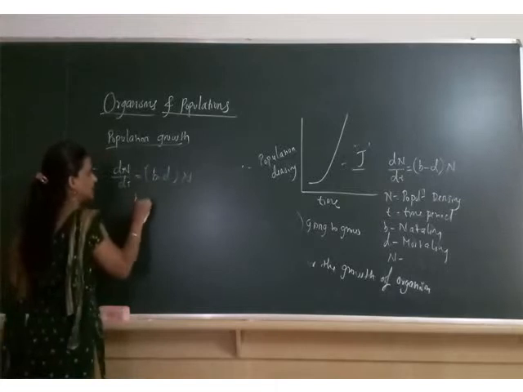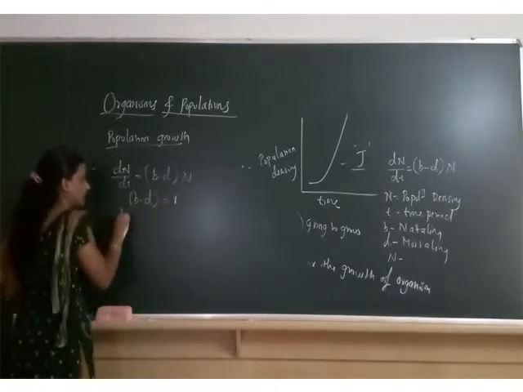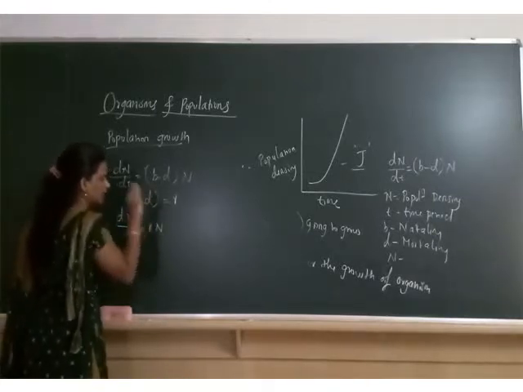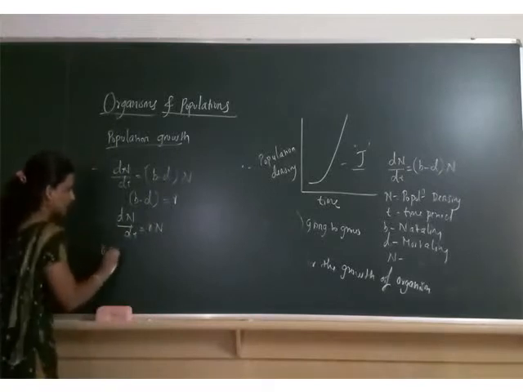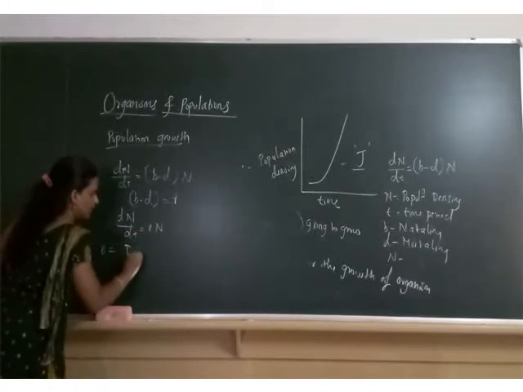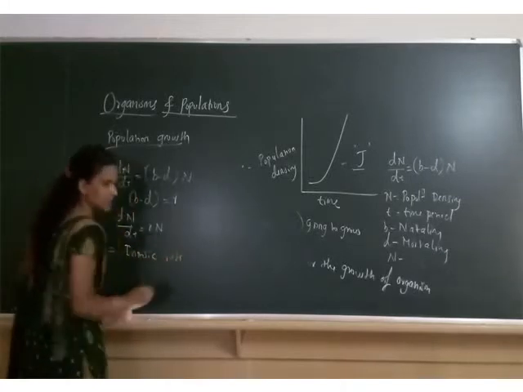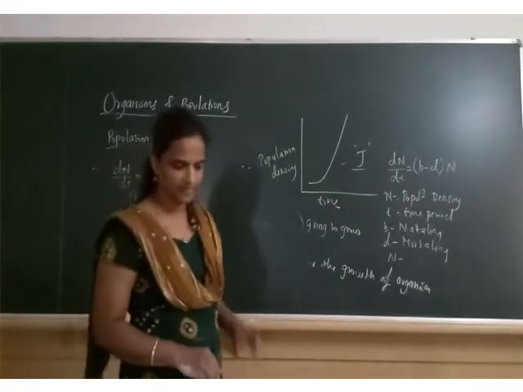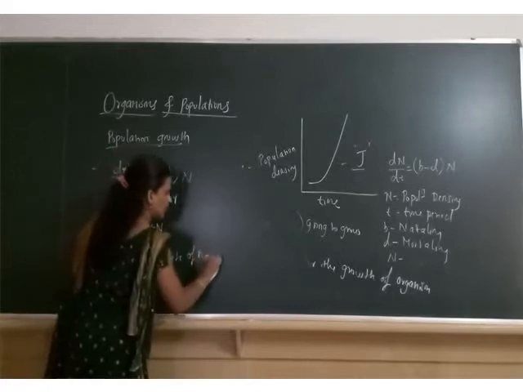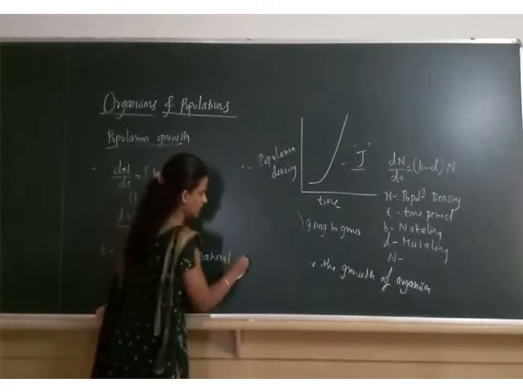If we take this b minus d is equal to r, then what will happen? dN divided by dt is equal to rN. What is this r? This is the intrinsic rate of natural increase.